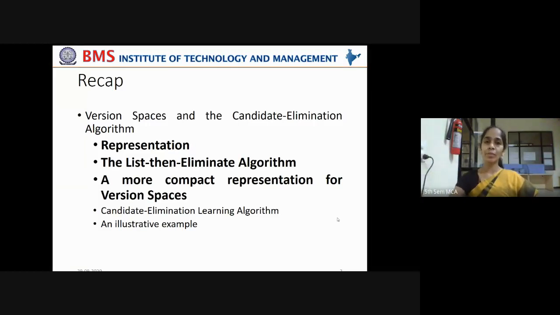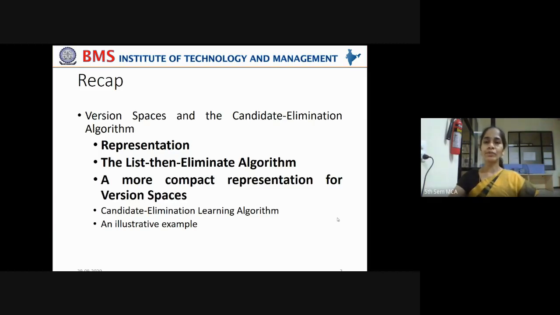Now from that, whenever a hypothesis is not consistent with the training example, then immediately that hypothesis is eliminated. So we are listing out initially all the hypotheses possible, and whenever a hypothesis is found to be inconsistent with a training example, we remove it, so that we end up with a limited number of hypotheses, right? That is the basic idea of the List-Then-Eliminate algorithm.